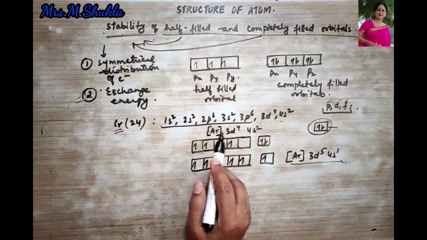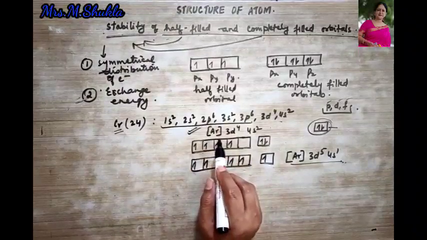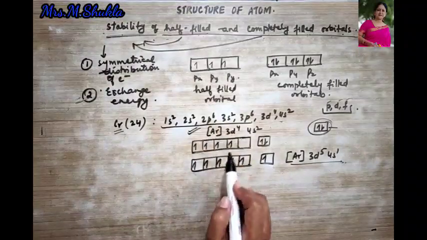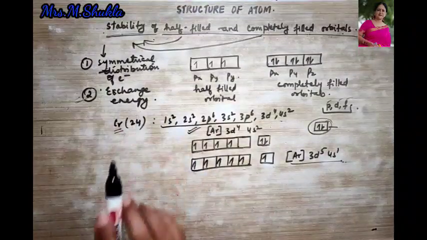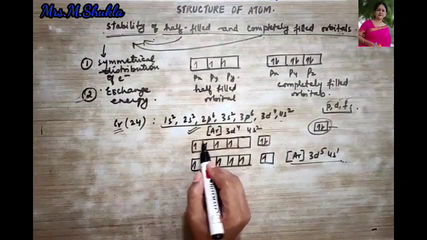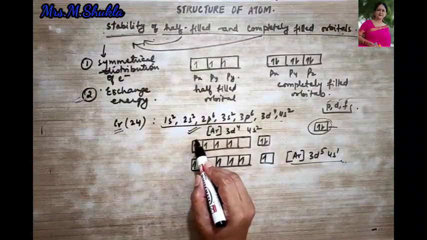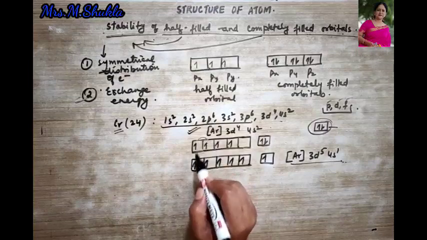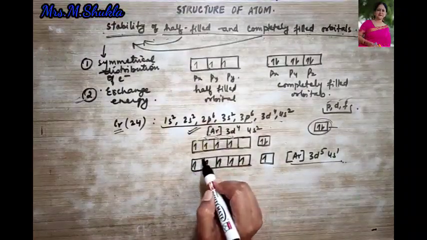So let us see in case of the configuration that is given by Aufbau, why this does not show stability. Let us see the energy exchange. So look at the first electron. The first electron can move to one orbital, then it can go here also, it can go here also.